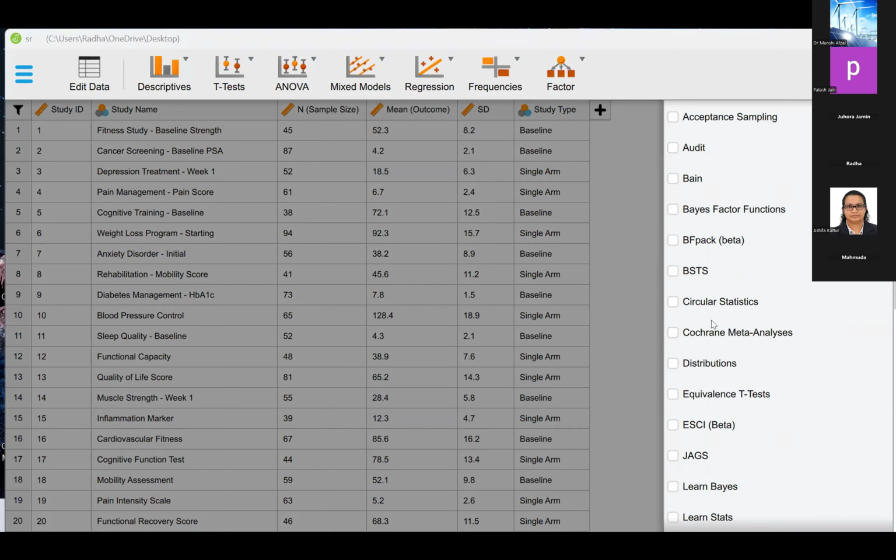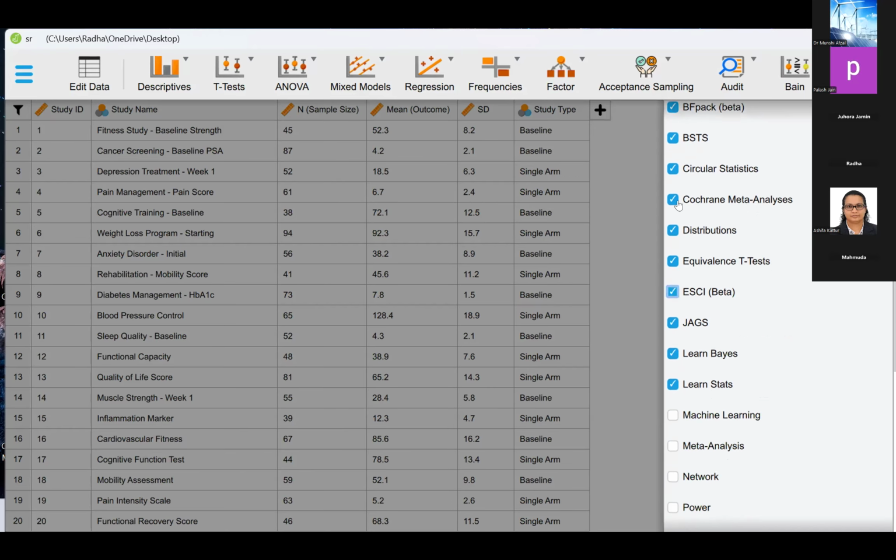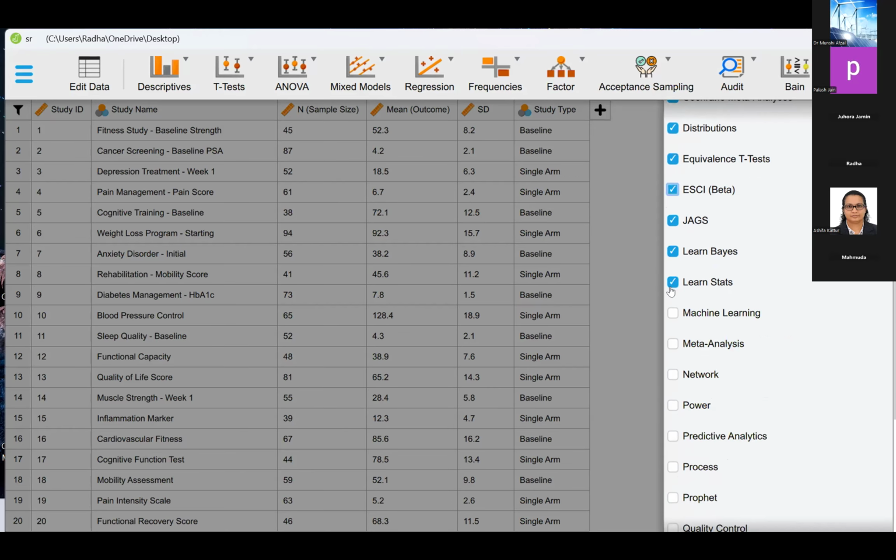Click all the boxes, whatever is inside this right now. Click it. Like this. Okay. Now meta-analysis.